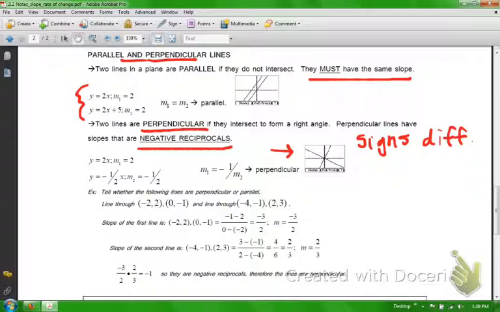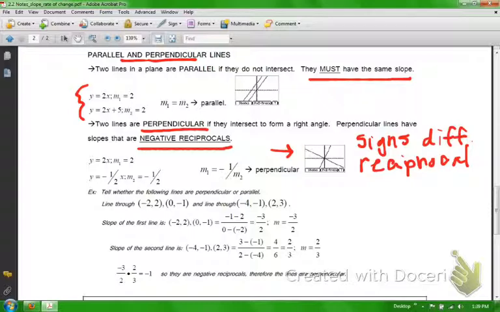The other thing is, if you have a slope of 2, you want something that makes a 90-degree angle with that. So you want its inverse, or its reciprocal. So we use the reciprocal of the slope. Once you find the reciprocal, then you need to find the opposite sign, and you will have a perpendicular slope.